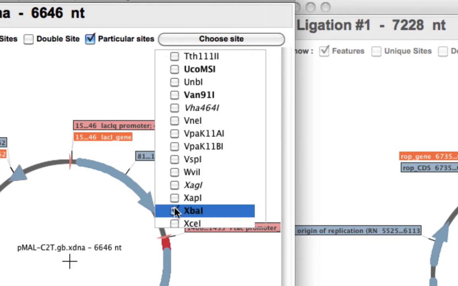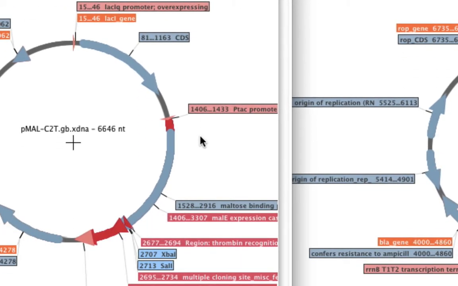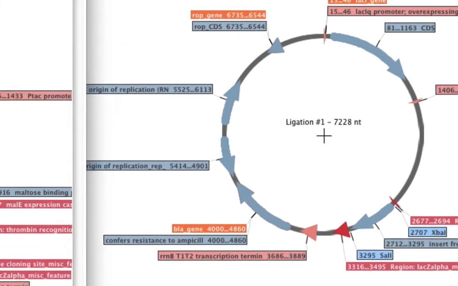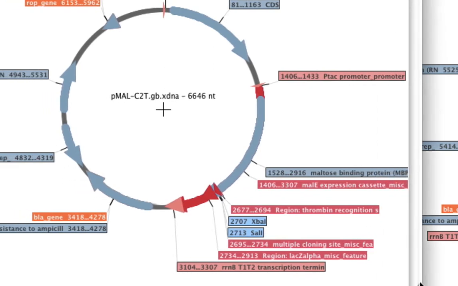Now let's look at XbaI and SalI sites within the parent plasmid, which are there in the multiple cloning site down below, at 2707 is the start of XbaI, and in our construct also at 2707 we have XbaI followed by SalI.